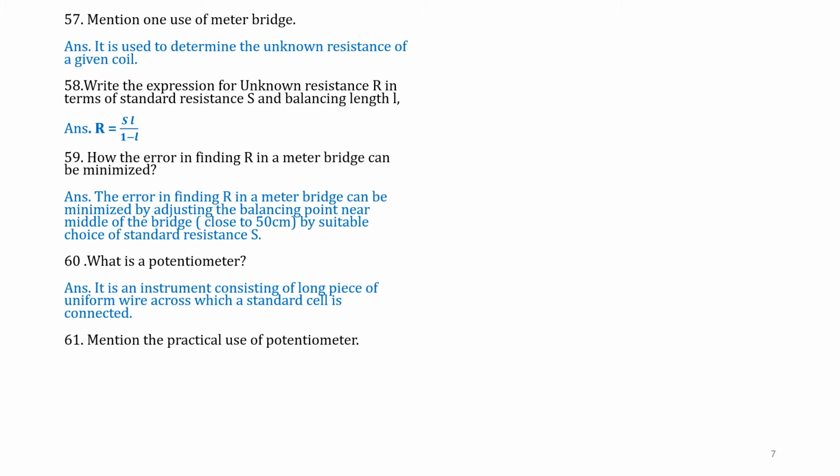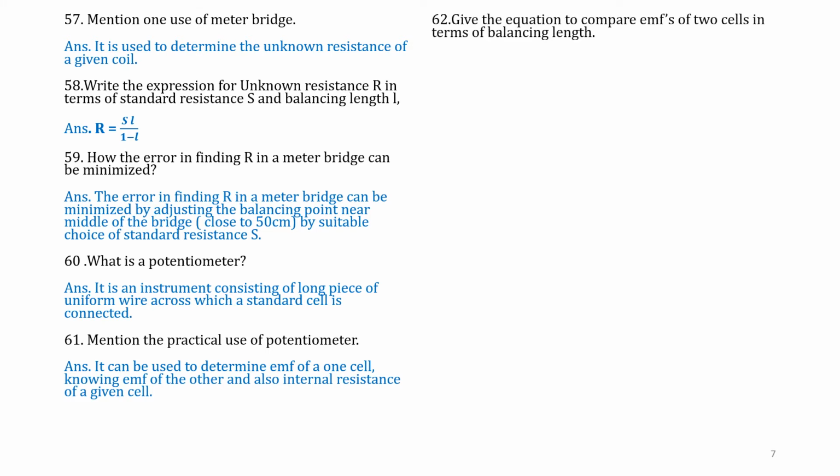Mention the practical use of potentiometer. Answer. It can be used to determine the EMF of one cell, or knowing the EMF of one cell, we can measure the EMF of one other cell. It is also used for measurement of the internal resistance of a given cell.